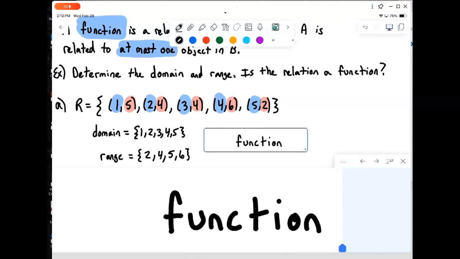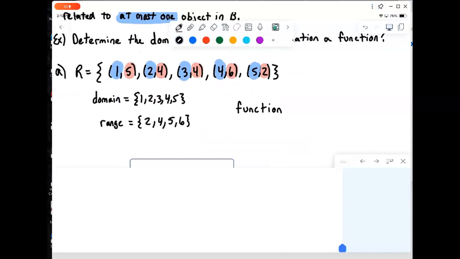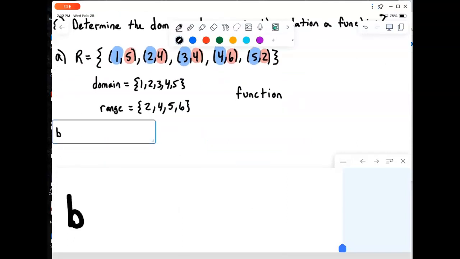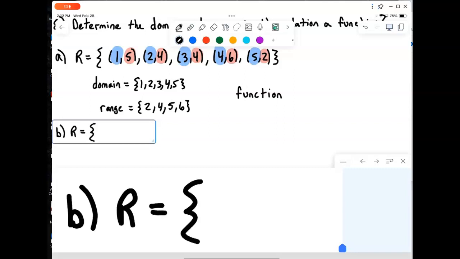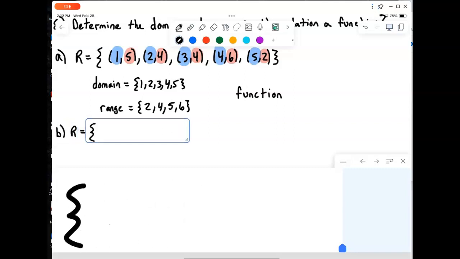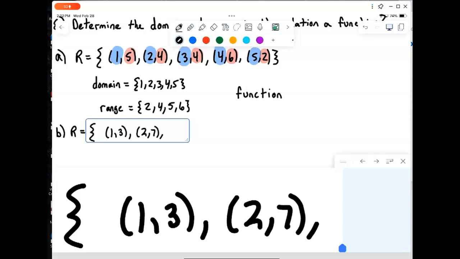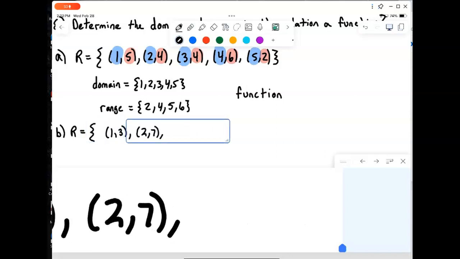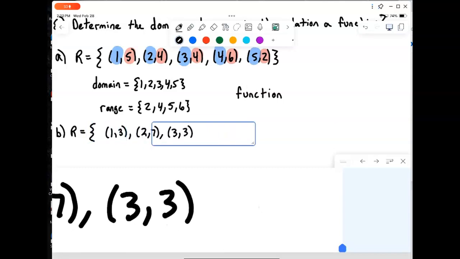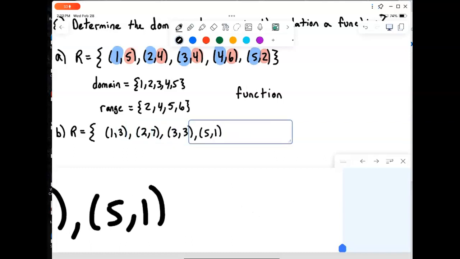Okay, so let's take a look at a second example here. Same idea. We're given a list, call it R, for a relation. And let's say in this problem, 1 goes to 3, 2 goes to 7, 3 goes to 3, 5 goes to 1, and 2 goes to 5.